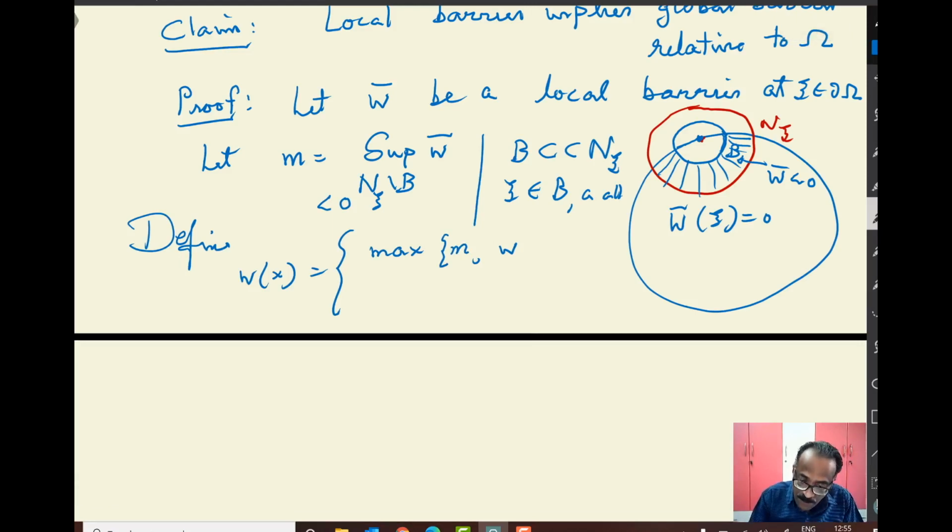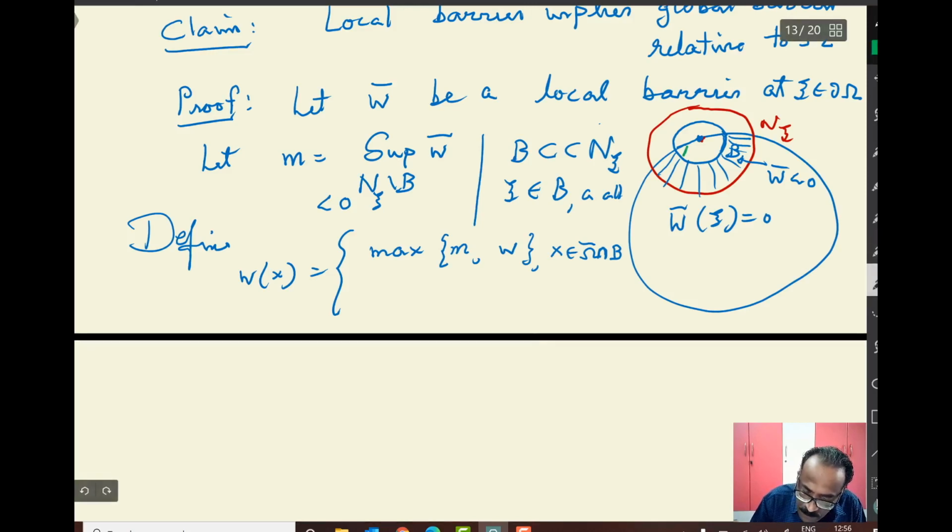So at psi, W of psi is equal to 0, so you get immediately W of psi is equal to 0. All those verifications you can easily do. This I will define, x is in omega bar minus b, sorry, the inside part, which is omega intersection b.